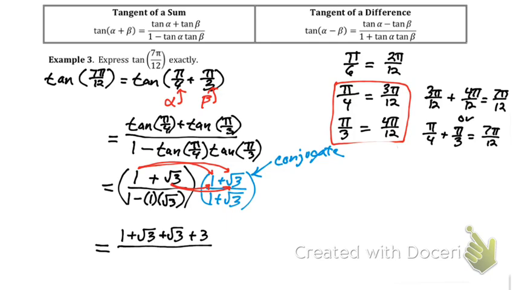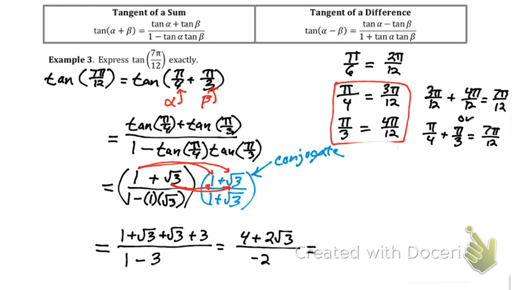And that's going to be all over a minus b times a plus b. So I have 1 minus square root of 3 times 1 plus square root of 3 is a squared, which should be 1 squared, or just 1, minus my b squared. Square root of 3 squared is just 3, which is going to simplify down to 4 plus 2 square root of 3's, all over a negative 2.